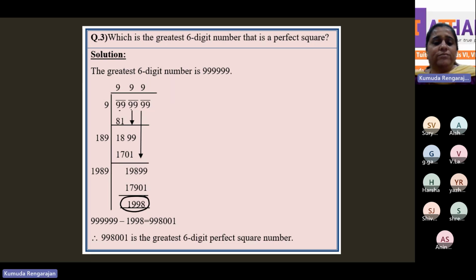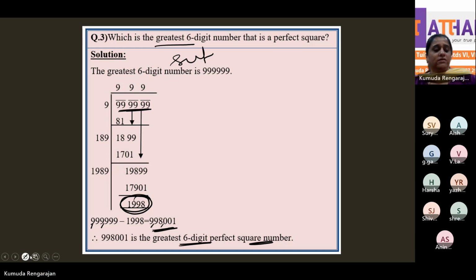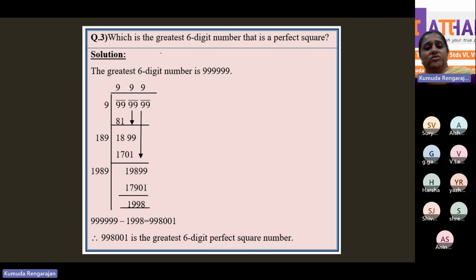Subtract this from this number. So 9,99,999 minus 1998 gives you this number. And this is the greatest 6-digit number that's a perfect square. So greatest means you should use a subtraction procedure.